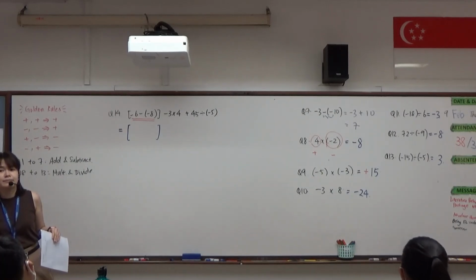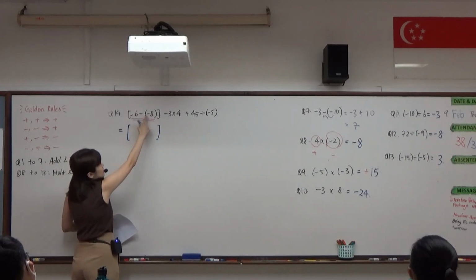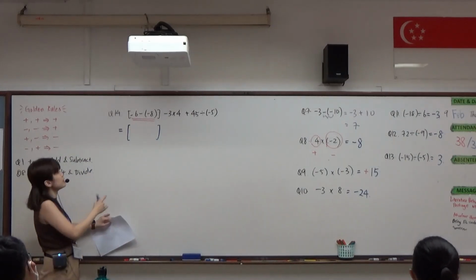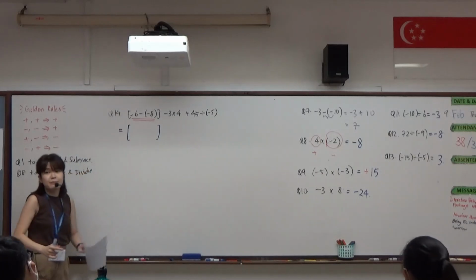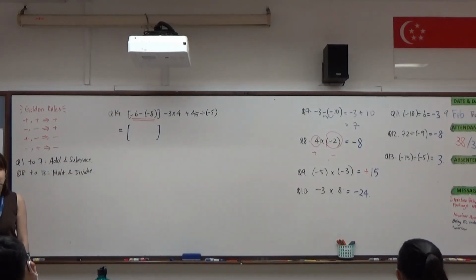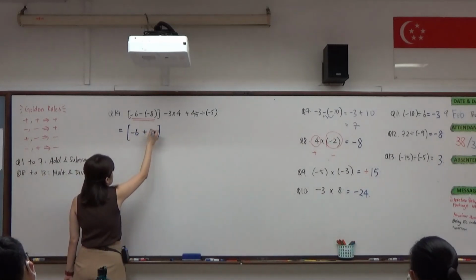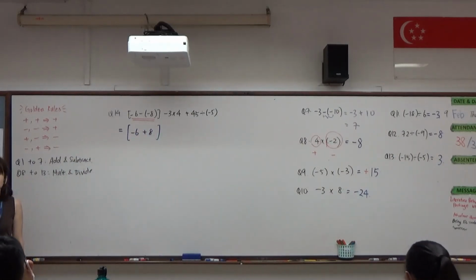Two minus signs together, so I will change it into a plus, right? So what do I write inside my brackets? Very good, negative 6 plus 8. Let's write that down first before jumping into calculation.